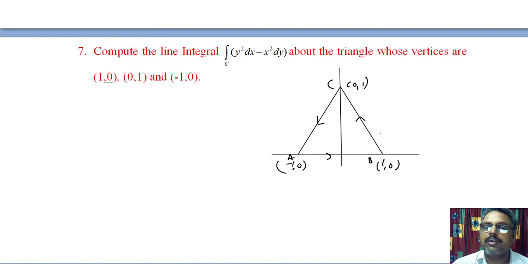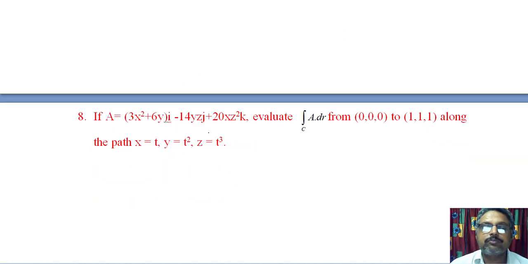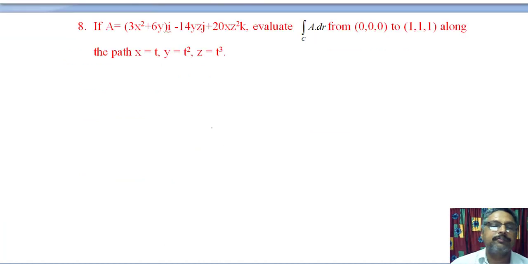Solution. If A equals 3x² + 6y i, now this is the second model in line integration. So the first model is where an entire curve is given. In the second model, points are given. In the third model, the curve is in parametric form.